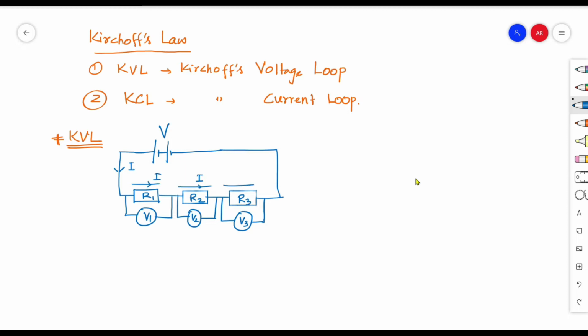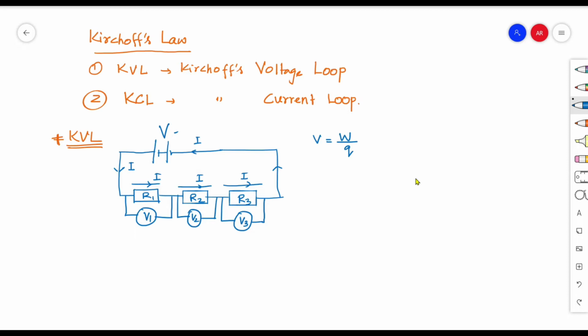So here we start with Kirchhoff's voltage law first. We placed three resistors connected end to end, which we call a series connection, and these resistors are connected with the power supply. You know that the potential difference, the voltage, is work done per unit charge.